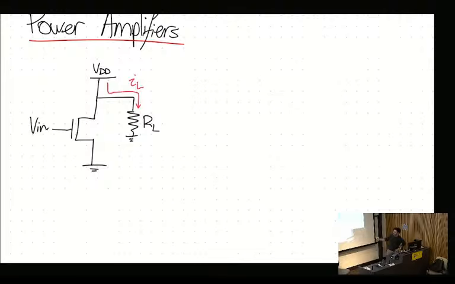Often this input signal is some sort of oscillating signal. When the signal oscillates high, it's going to turn this NMOS on and draw current from the power supply to the load. When the signal is low, it's going to turn the NMOS off. So it either pulls it to ground or to VDD, effectively giving us a swing across the amplifier.